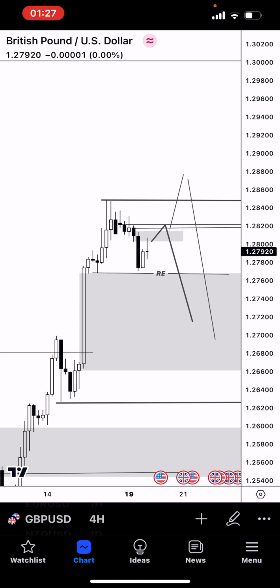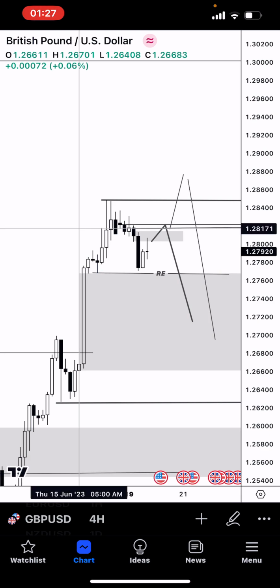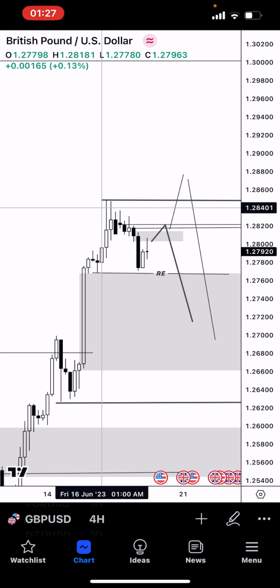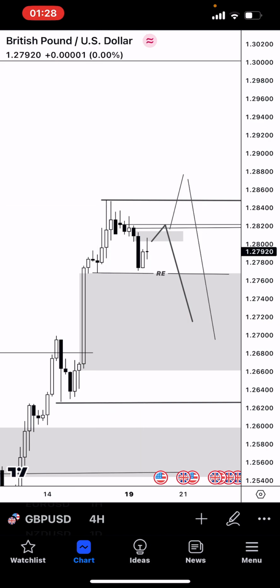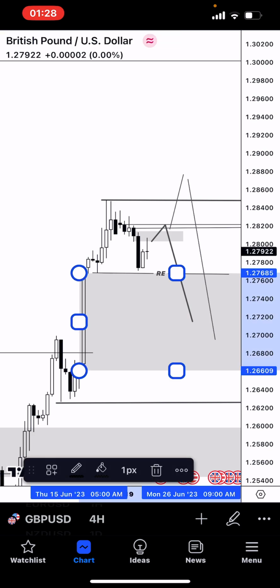And also we've created relative equal lows with the Friday lows, the Thursday lows and today's lows. Therefore, I'm expecting it to come higher, tap into the area of the Monday low, Monday open price and the Sunday open price, and then go lower and fill the fair value gap.